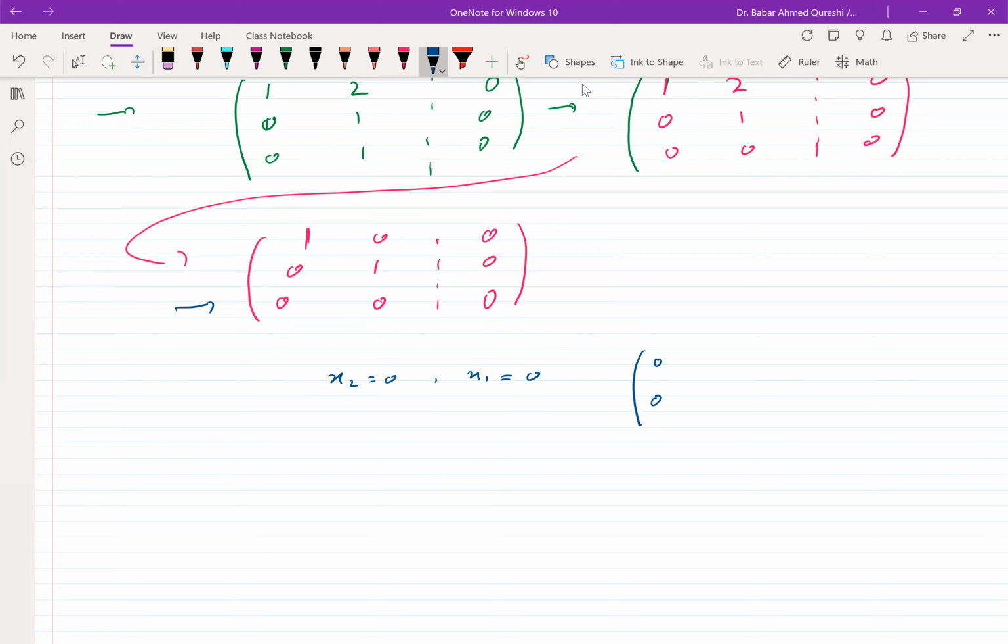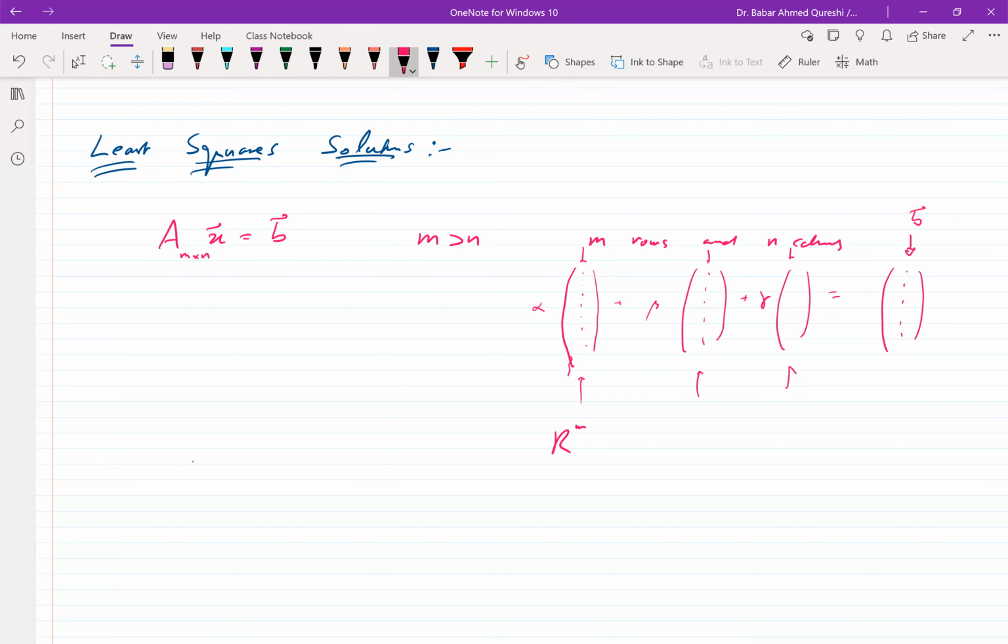But if n is much less than m, you will still get, in the best case scenario, a very small subspace of Rm. An arbitrarily chosen vector B may not live in that subspace. In most cases, if you arbitrarily choose it or if someone gives it to you, it will not be in that subspace.